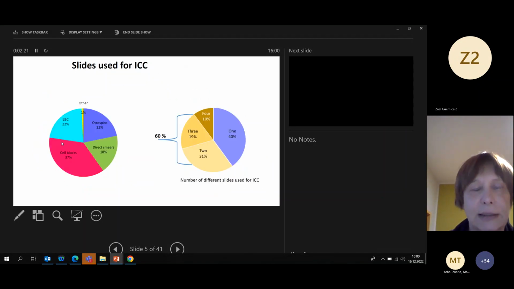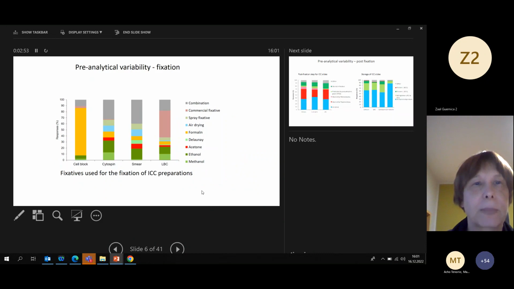It's interesting that the frequency of using different cytology preparations is more or less equally distributed between cytospins, direct smears, cell blocks, and liquid-based cytology slides. What is even more interesting is that more than half of laboratories use not only one, but a combination of 2, 3, or even 4 different cytology preparations for ICC.